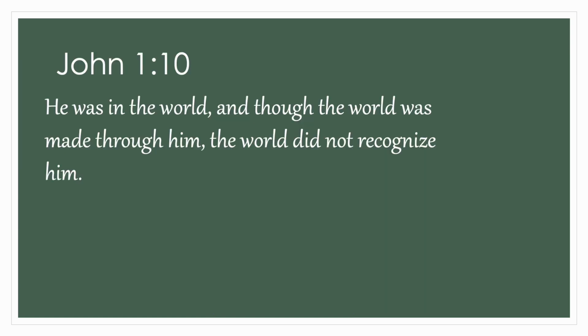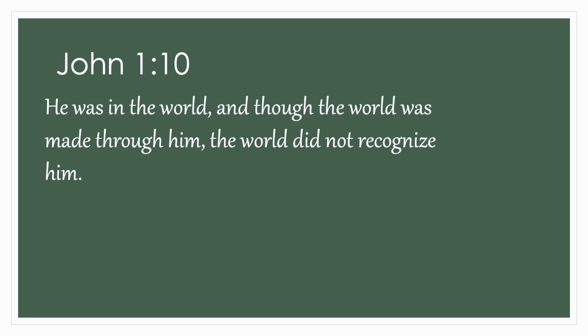Now in John 1 verse 10, he was in the world, and though the world was made through him, the world did not recognize him. I'm using NIV translations here, by the way. It's not quite literal, but the NIV does have pretty good word equivalence whilst giving you sentences with a word order that makes sense in English.